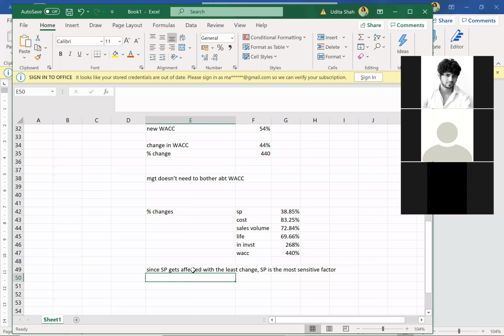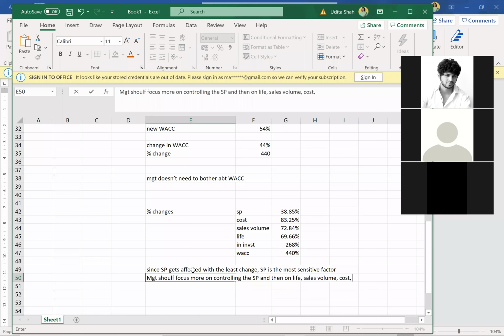Management should focus more on controlling the selling price, and then on what? Then on life of the project, then comes sales volume, then your cost of the project, then initial investment, and finally WACC. Okay, see if this is understood.